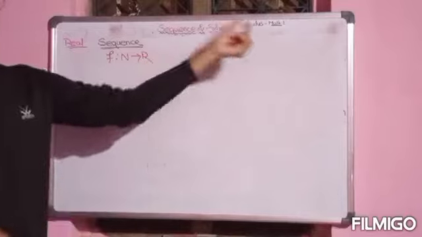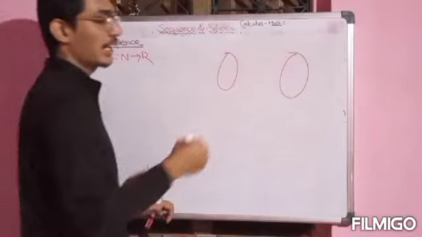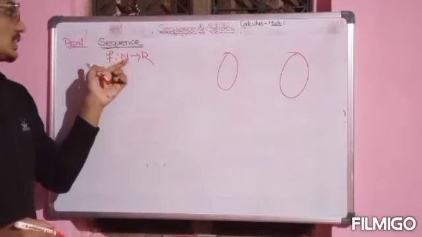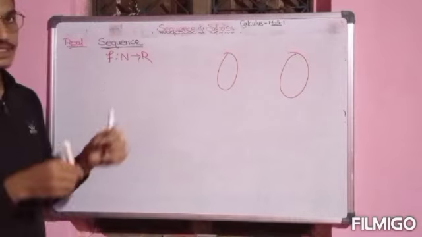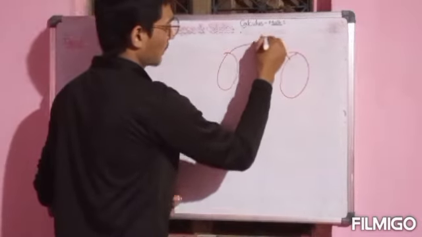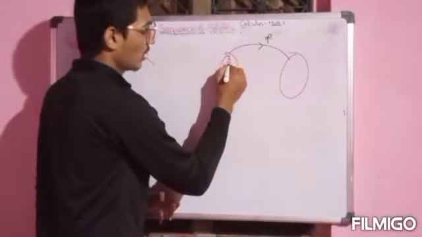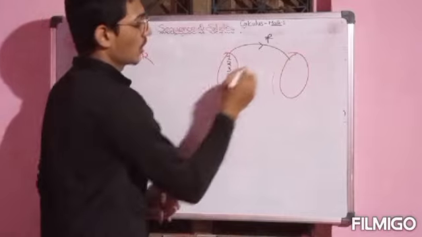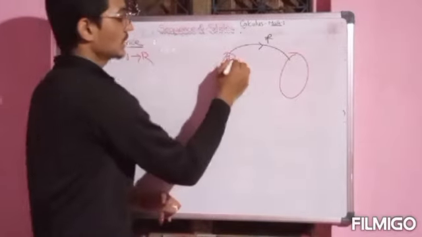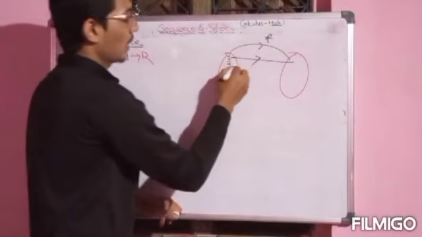Okay, so I can denote it in the form of a diagram. Suppose this is my domain, this is my range. Already told, in a real sequence my domain is natural numbers, range is real numbers. I can define this as a function. The domain is the natural numbers, means I can take 1, 2, 3 like this. In the range, every element has an image.